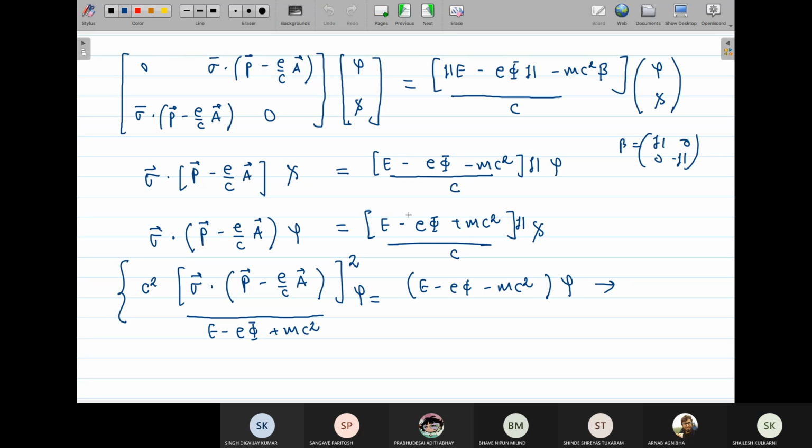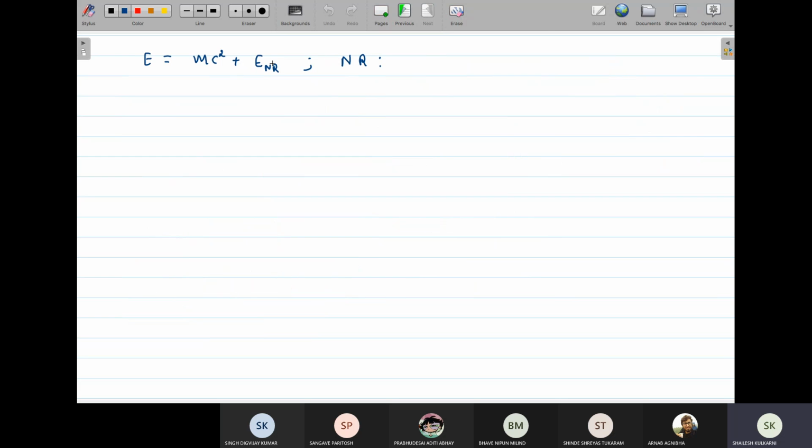So we now concentrate on the non-relativistic limit. In the non-relativistic limit, we assume that this non-relativistic energy is much less than mc square. So this factor is much less than this. That means E is approximately equal to mc square.